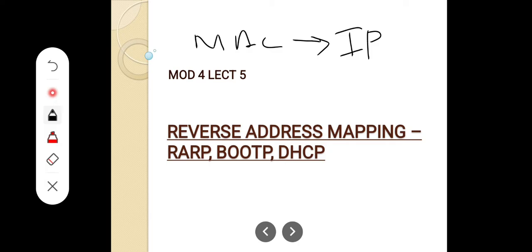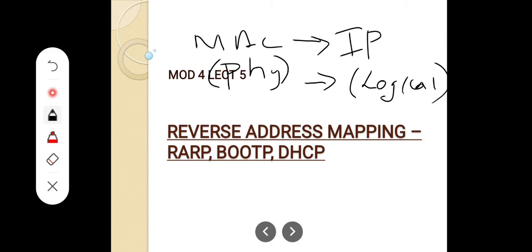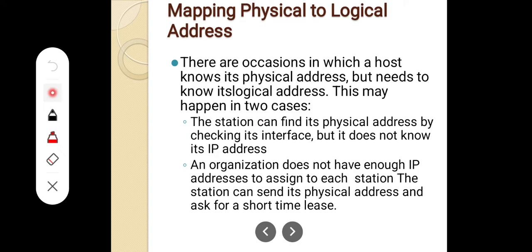So the client knows the physical address and wants to discover the logical address. For that we are implementing three different protocols: RARP, BOOTP and DHCP. First we will see what this mapping from physical to logical address is.